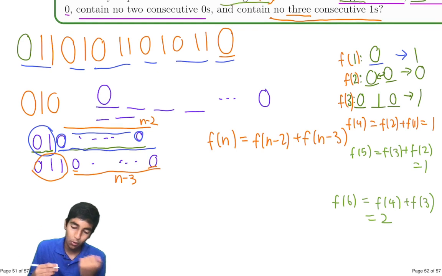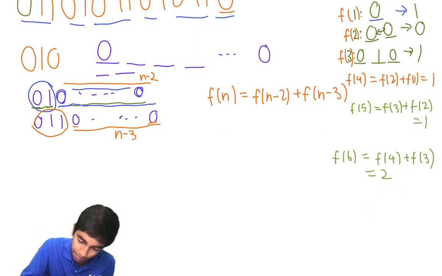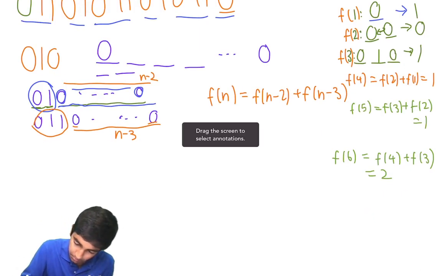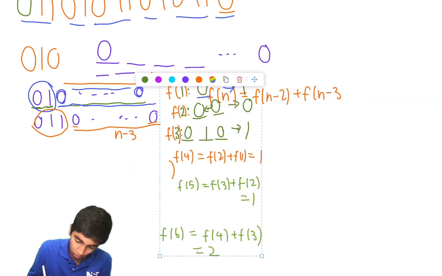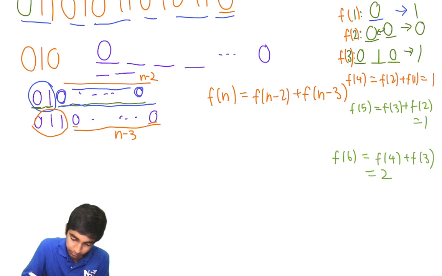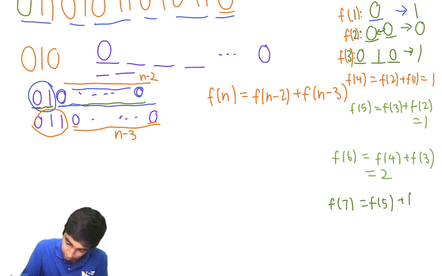Now let's just keep going. Maybe let's go a little faster now. So f of 7 will just be f of 5 plus f of 4, which is 1 plus 1 equals 2.